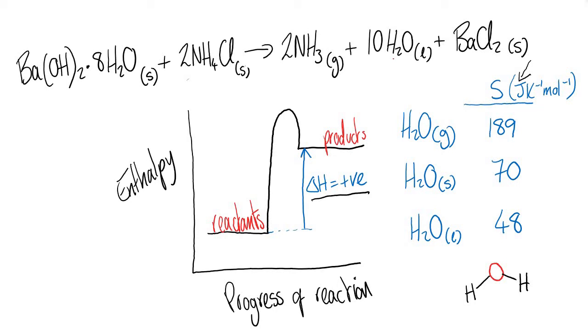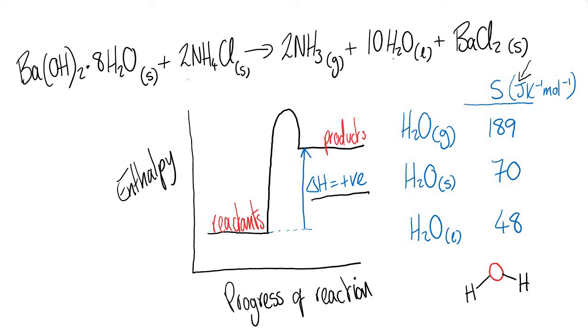So let's have a look at the entropy values for water. These are all available in data books. Look at the entropy for gaseous water, 189, compared to liquid water, which is 48. If we think about it, that's obvious. There are more ways that water molecules in their gaseous state can orientate themselves in space because they're free to move anywhere.